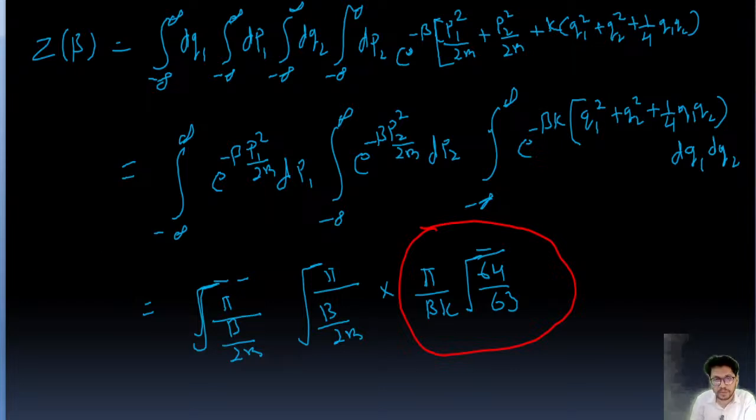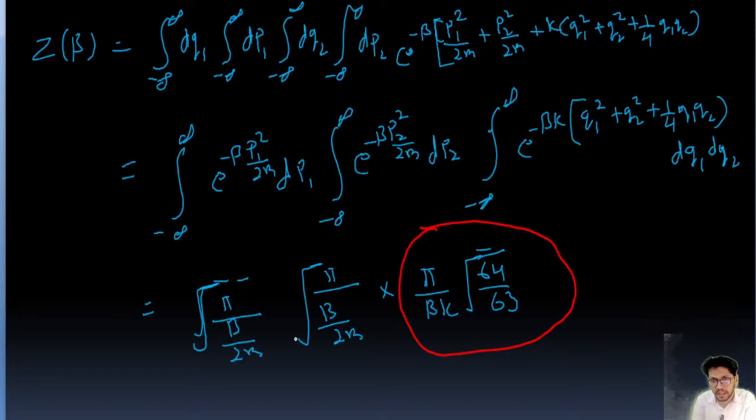Now we can solve it. These are in roots, so this is going to be 2m pi upon beta.